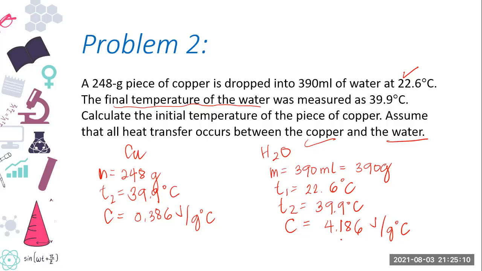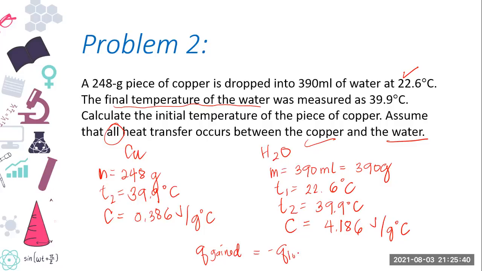So in this case, I can use the formula for calorimetry, which is Q gained equals negative Q loss, because it says all heat transfer. That's an indication that this is a heat transfer formula using the conservation of energy concept, wherein there is no heat loss in the system.